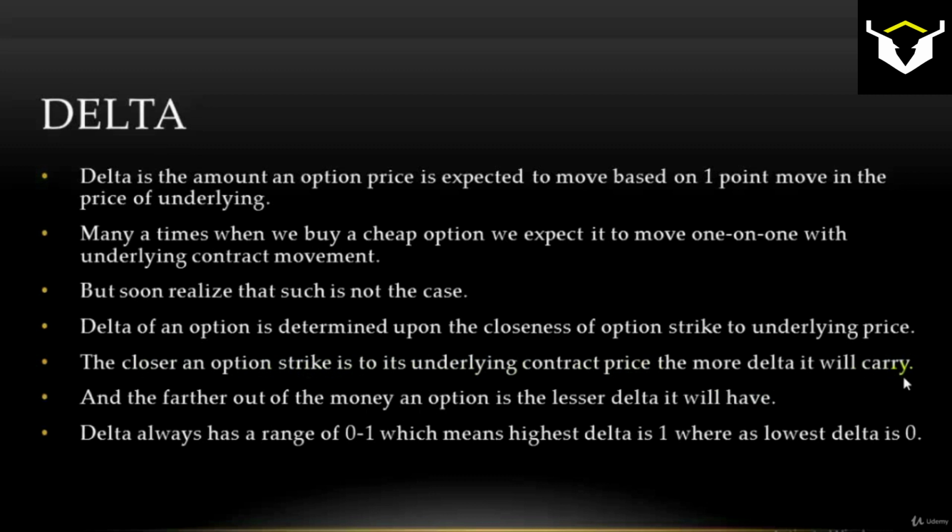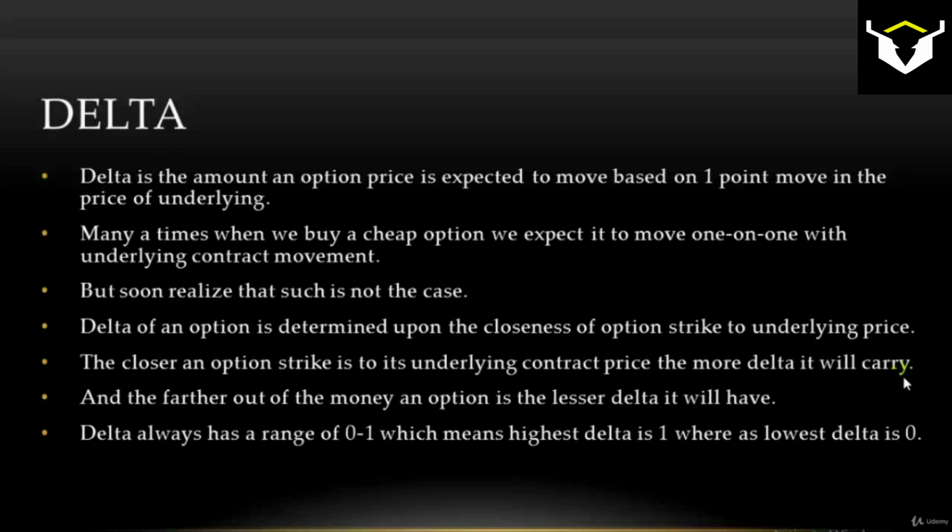The closer an out of the money option strike is to the underlying contract price, the more delta it will carry. Once the option strike becomes an in the money option, then it will have the highest delta of 1. The maximum an option moves in relation to its underlying contract is 1 is to 1.